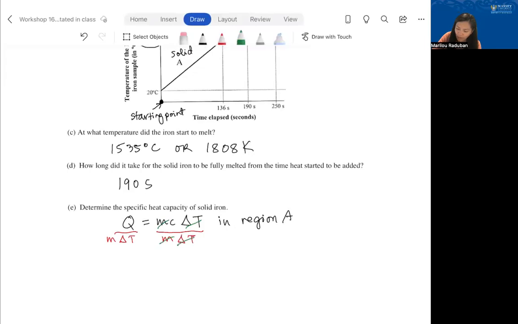So specific heat is equal to the amount of heat given to the iron divided by the iron's mass times the change in temperature.